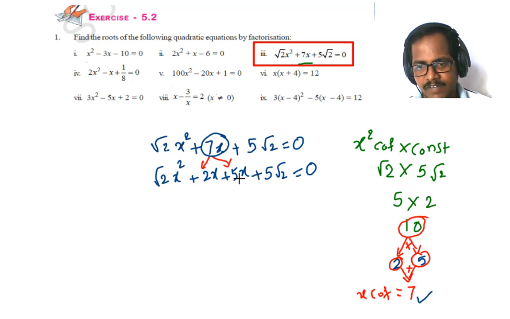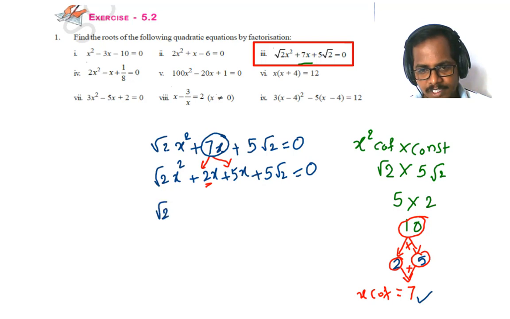Now if we observe the first two terms, that is root 2 x square and 2x, here we have x as common. Also, the coefficient in the first is root 2, and in the second we have 2. So this 2 can also be expressed in terms of root 2. So first let us write the x coefficient 2 in terms of root 2.